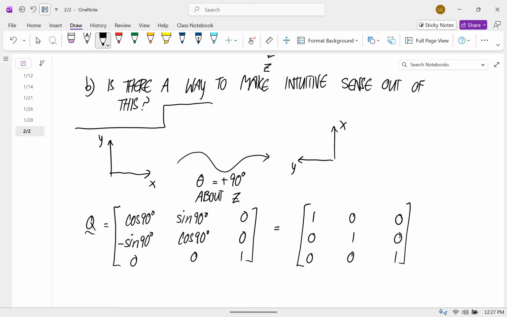Nope, I did that exactly backwards. Sorry, erase all those. Cosine of 90 is 0. Sine of 90 is 1. So 0, 1, 0. And then negative 1, 0, 0. And then 0, 0, 1. Okay, so that's our Q.